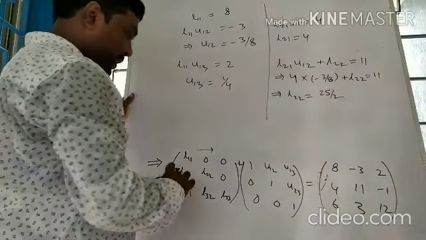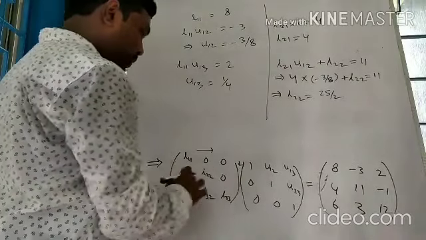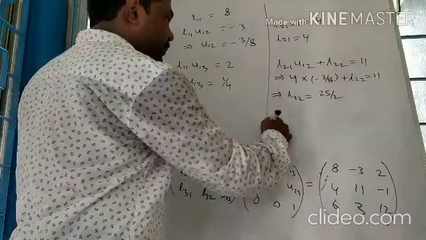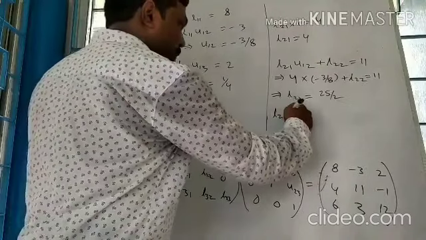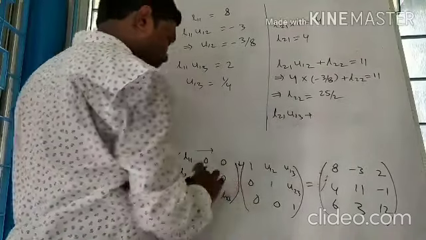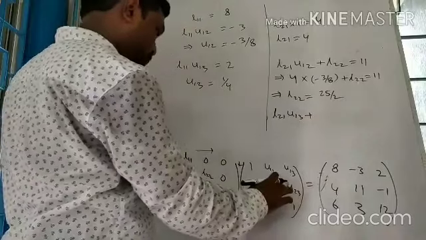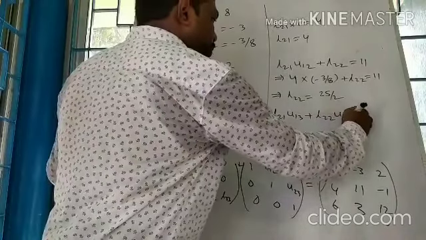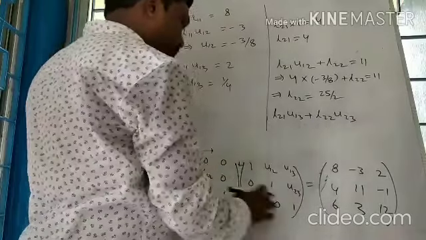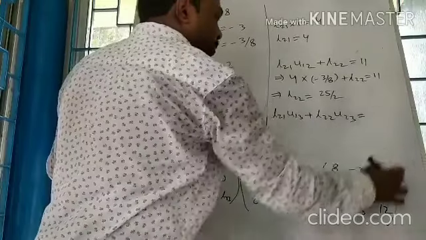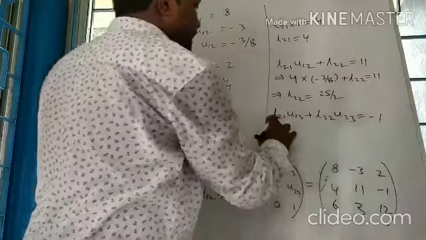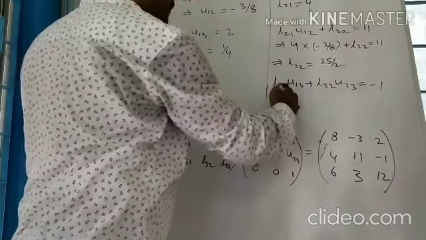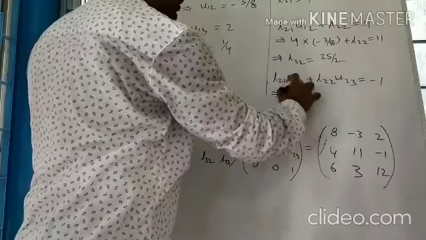Next, second row, third column. That is L21 into U13 plus L22 into U23 plus 0 into 1 equals minus 1. Okay. Now, L21 is what? L21 is 4 into U13.